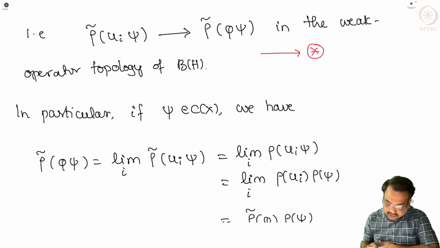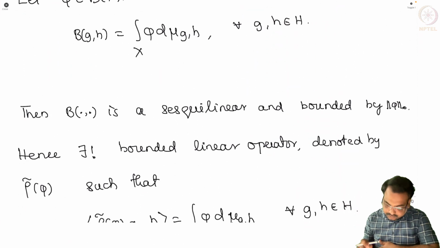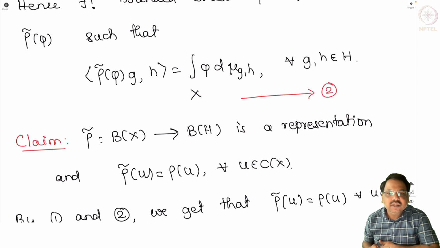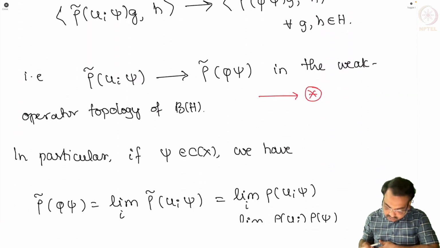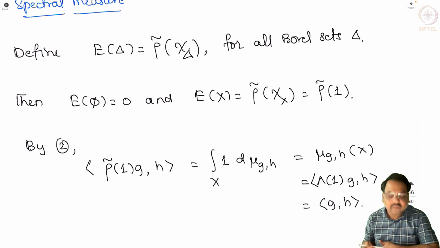If you look at equation 2, by 2, rho tilde of 1 g inner product with h is nothing but the integral over X of 1 d mu gh, so that is the integral over X d mu gh, but that we can again express in terms of lambda of 1.